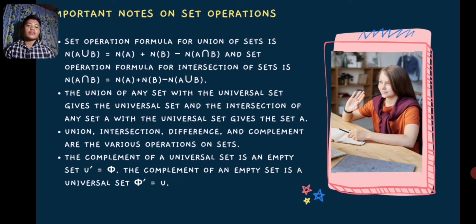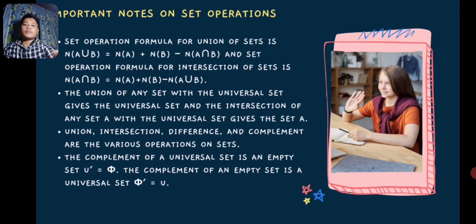The complement of a universal set is an empty set, so U complement is equal to an empty set, or null set. Reversibly, the complement of an empty set is the universal set U.